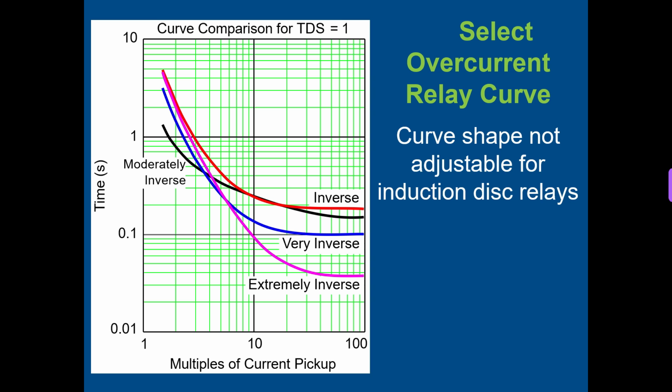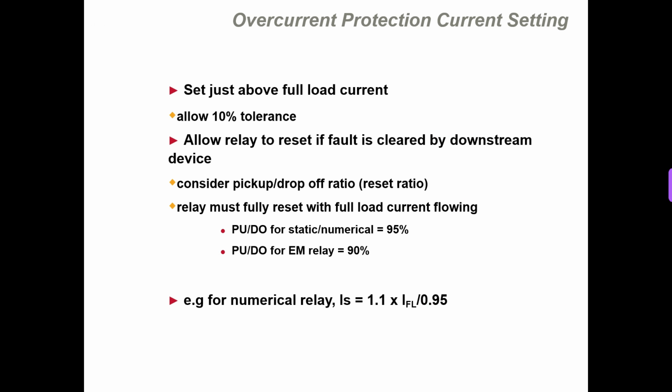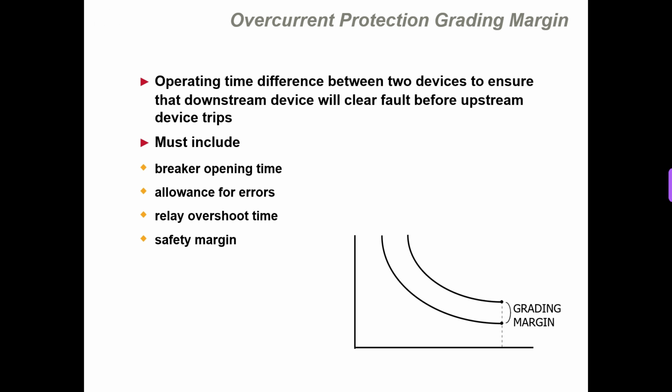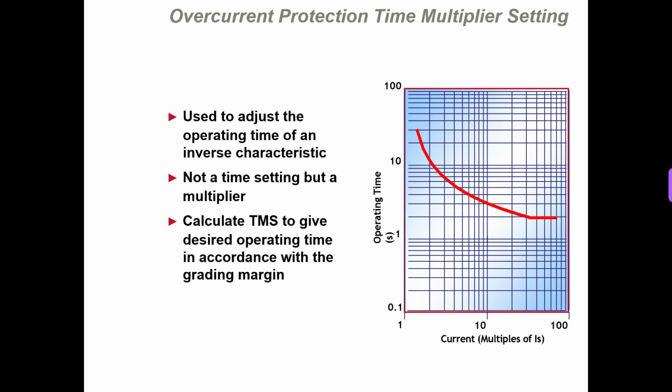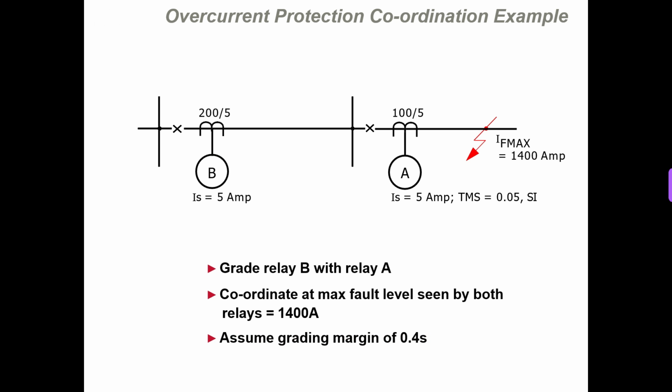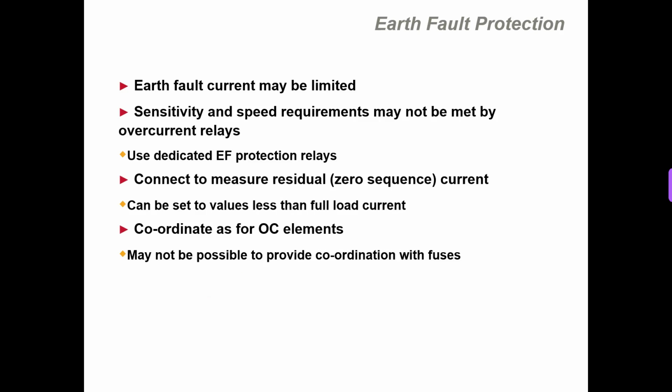In the upcoming sessions, we will discuss the coordination of overcurrent relays using different types of IDMT characteristics, how to do grading, how to calculate the time of operation, and what the meaning of TMS is.